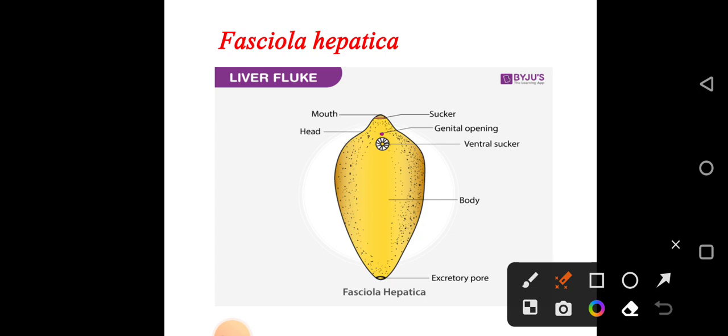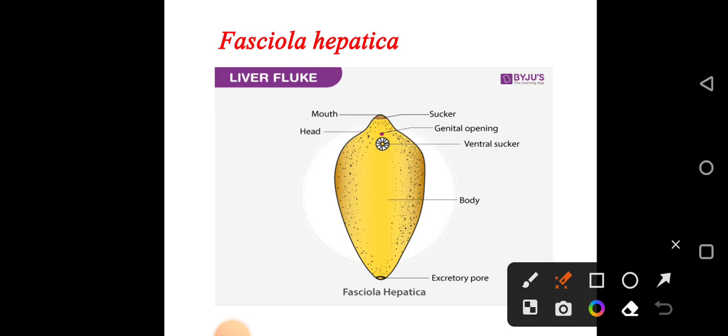Along with the mouth there are two more apertures, namely the gonopore and the excretory pore. A single excretory pore is situated at the posterior end of the body. Because of the presence of an incomplete alimentary canal, there is no anus in this animal.